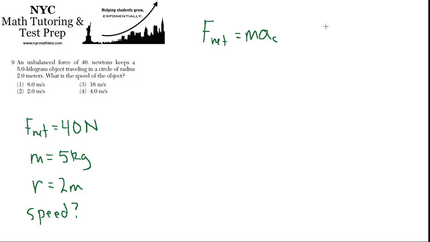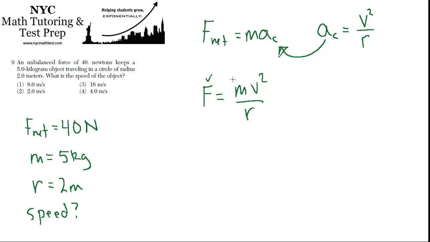You'll also find on your equation sheet, centripetal acceleration is equal to velocity squared divided by the radius. So if we make the substitution into F equals ma for a_c, wherever I see a_c, I'm going to write v squared over r. So now we get F equals m v squared over r.